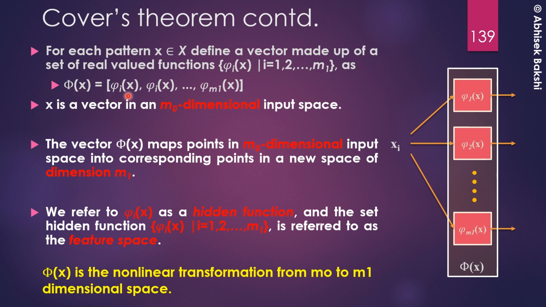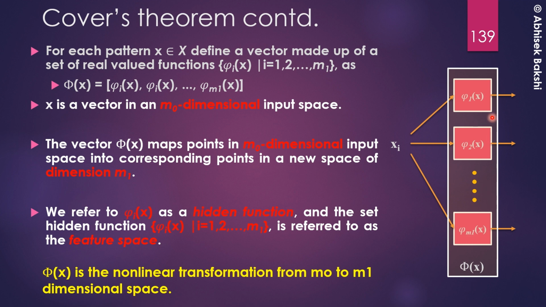Each and every element of this phi x is itself a transformation function which takes the whole n dimensional input vector x as input, and individually operates on it. So phi 1, phi 2, and in this way up to phi m1 is the new dimension that we will get.